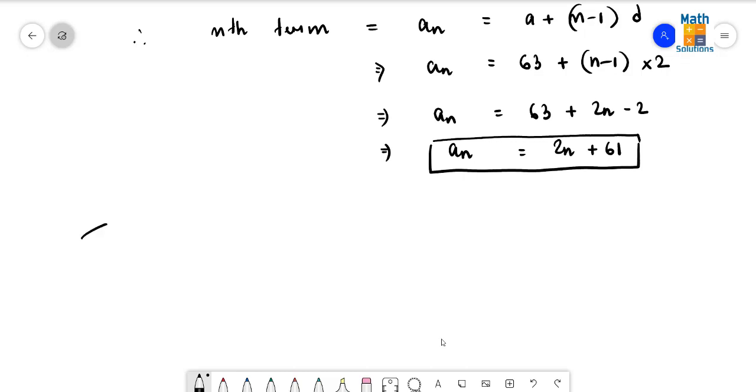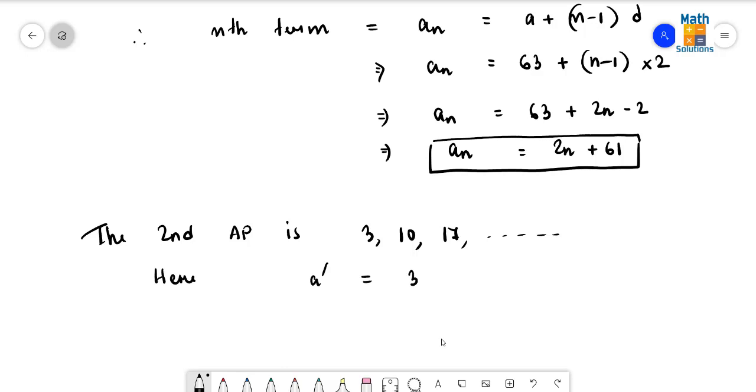Then after, the second AP is 3, 10, 17, that goes on. Here, in this case, let us consider the first term a dash to be equal to 3.